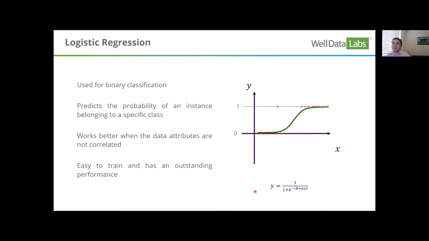It predicts the probability of an instance belonging to a specific class. It works better with data attributes that are not correlated, and it's easy to train. It doesn't take a lot of time when training, so we can make multiple changes and retrain our algorithm, or even add more training data, and it won't take a lot of time to train.